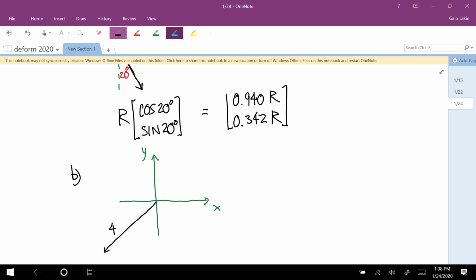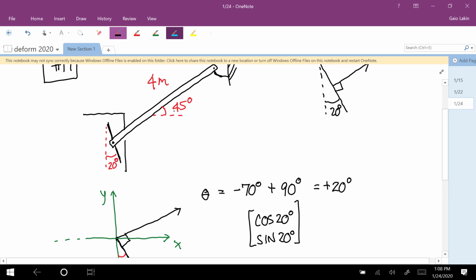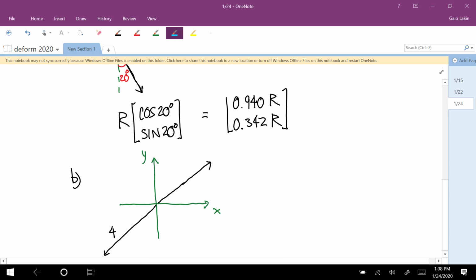The angle that we're given is that a vector this way makes an angle of 45 with the positive x-axis. So this is 45. And so you can think of that angle as 45 plus 180. So theta for this is 45 plus 180, so 225.